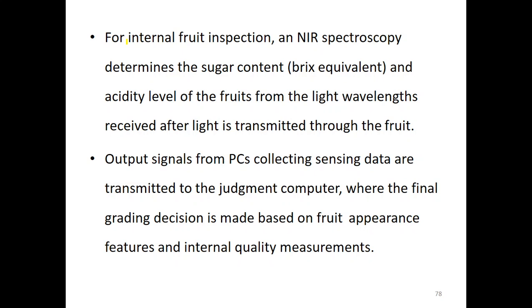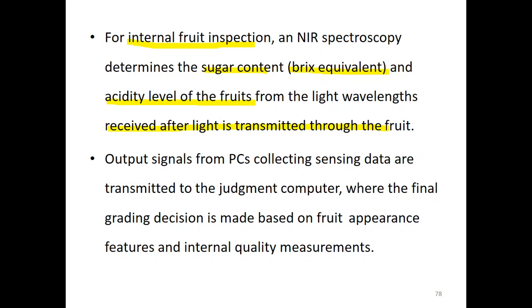On the other hand, for internal fruit inspection, NIR spectroscopy can determine the sugar content, basically using the Brix equivalent index, and assess the level of the fruit from light wavelengths received after light is transmitted through the fruit.